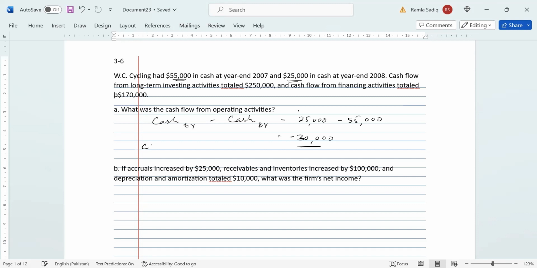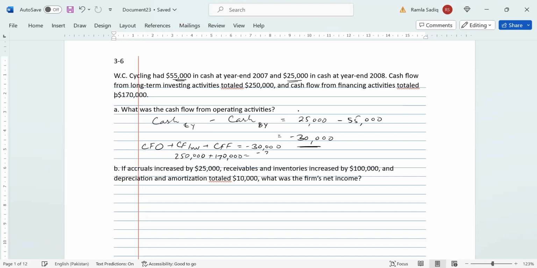So cash flow from operations plus cash flow from investing plus cash flow from financing will all equal negative $30,000. And here we know that cash flow from long-term investing activities totaled $250,000, and cash flow from financing activities totaled $170,000.